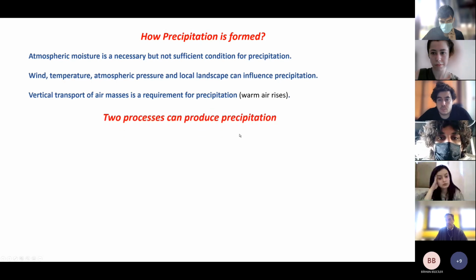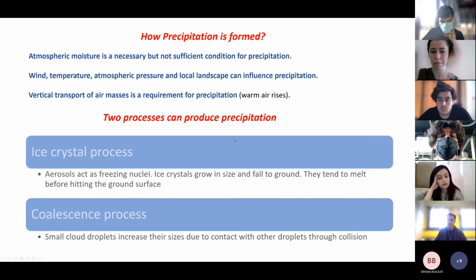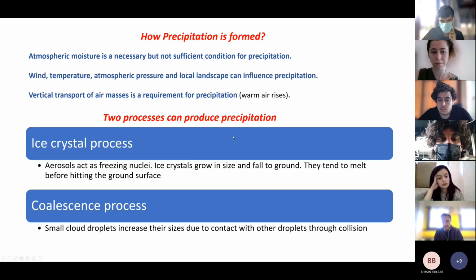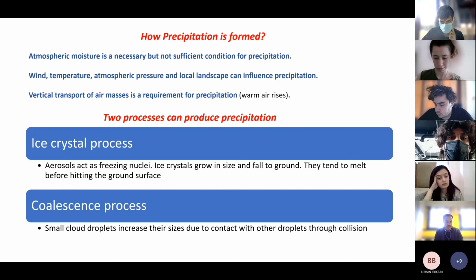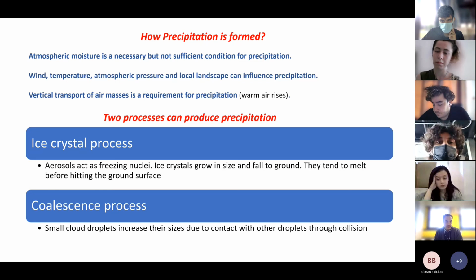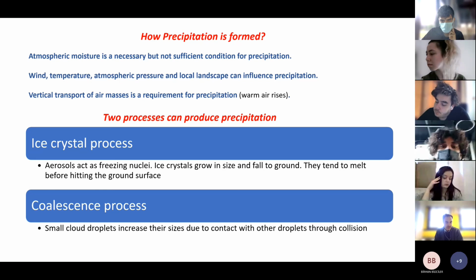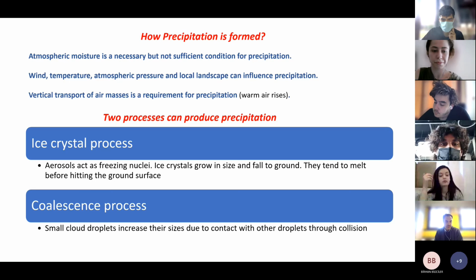Okay, two processes that can produce precipitation are summarized here. The first one is called the ice crystal process. The other one is called the cold rain process. The second one was already presented via that video that you watched just now.